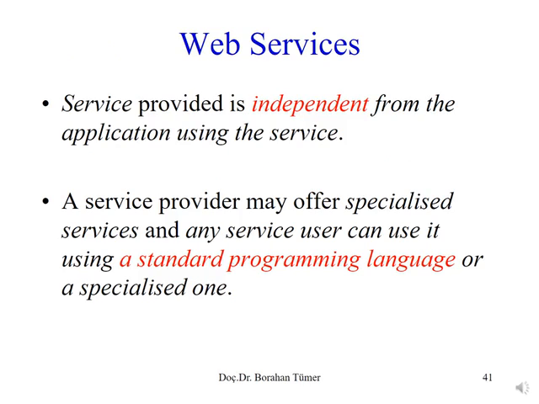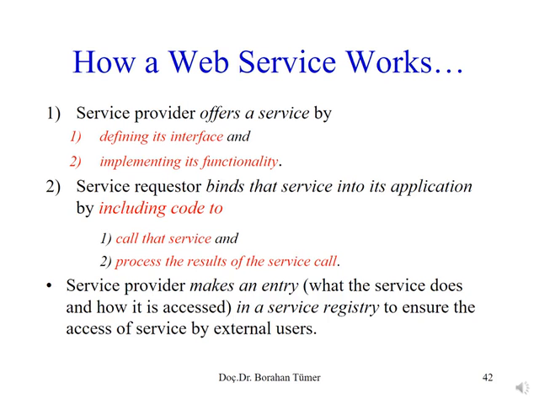The essence of web services is twofold. The service provided is independent from the application using the service, and the service provider may offer specialized services, and any service user can use it using a standard programming language or a specialized one. This is how a web service works.